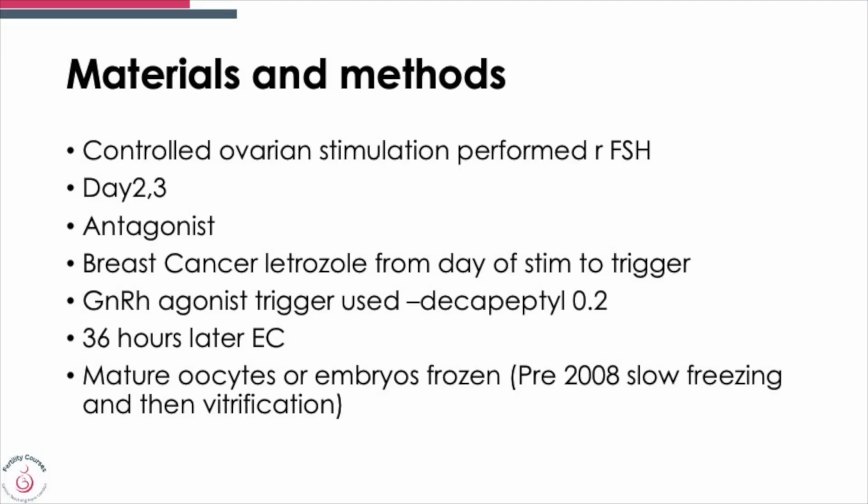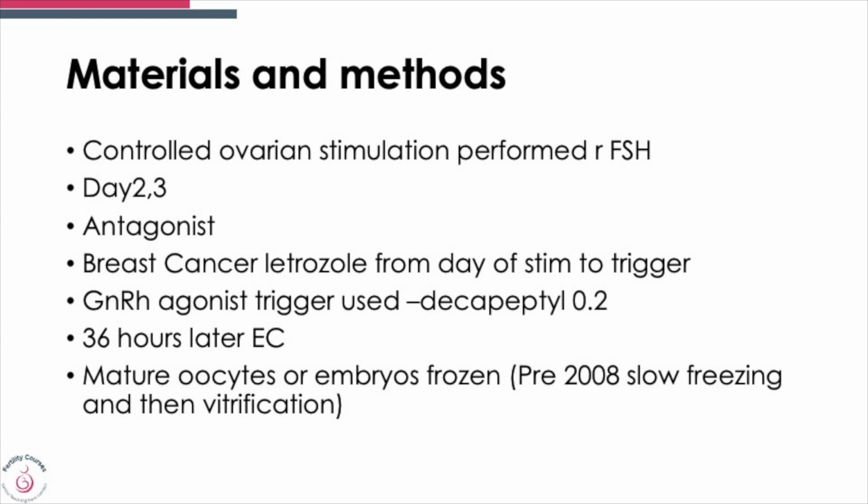So controlled ovarian stimulation was performed with recombinant FSH, started on day 2 or day 3, antagonist protocol, and breast cancer patients got letrozole from the day of stimulation to trigger. Decapeptyl 0.2 was used as trigger, and egg collection was done 36 hours later.